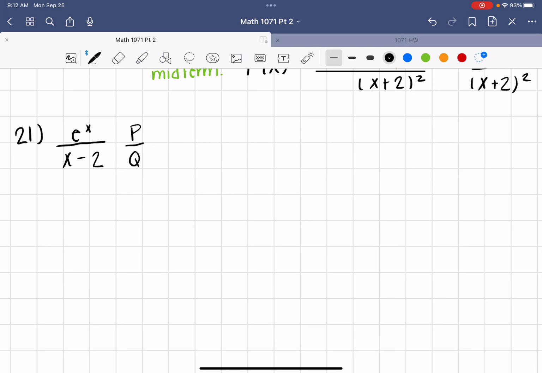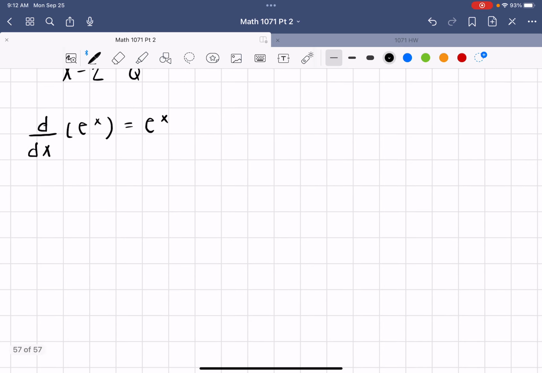Let me just remind you, if I want the derivative of e to the x, it is just itself. That's the funny property of the number e, 2.71828. It's the only number that does that. But while I'm here, let me just remind you, that's a horse of a different color.